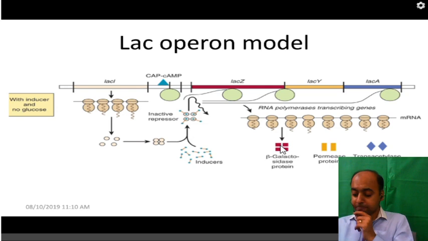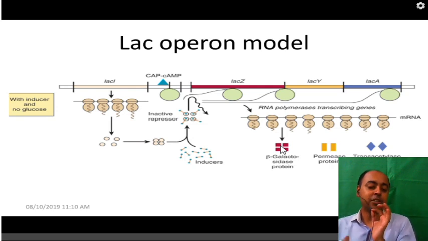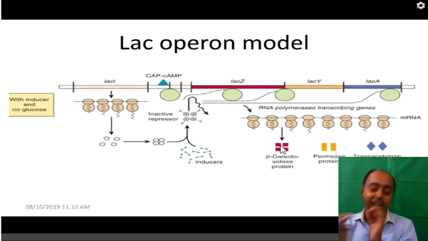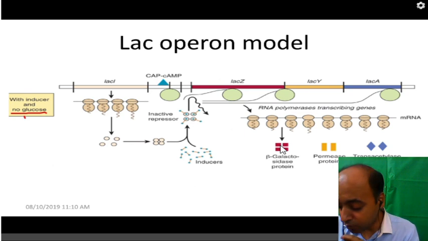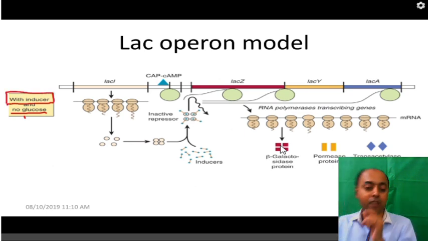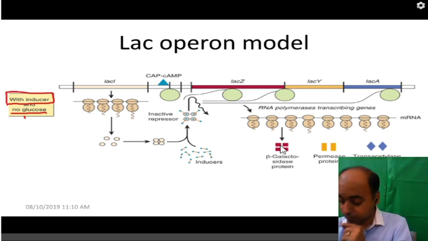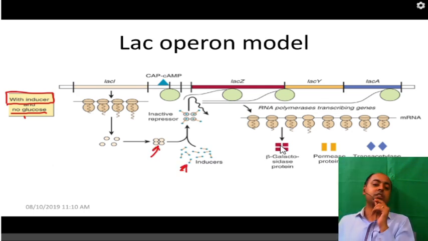Subsequently, glucose has been exhausted and the inducer lactose is present. See, it mentions here no glucose, and with inducer. In this case, it is lactose. When we give the inducer, it has more affinity for the subunits than the subunits have for themselves.